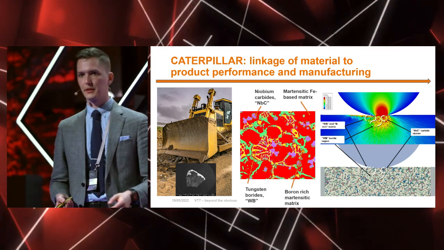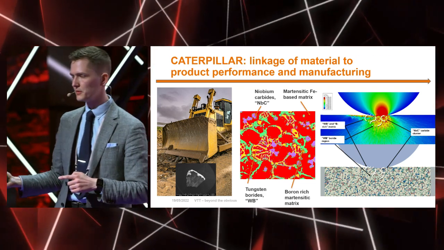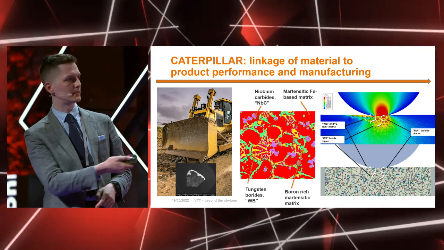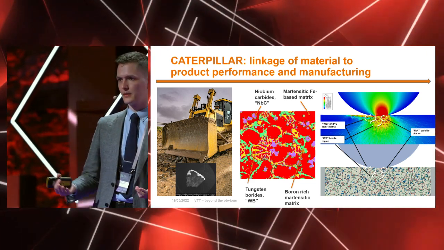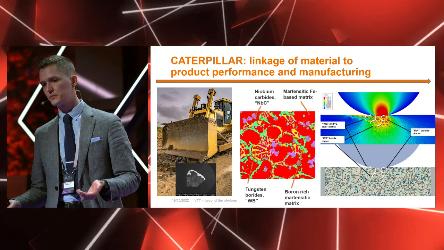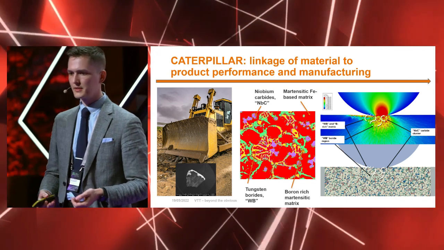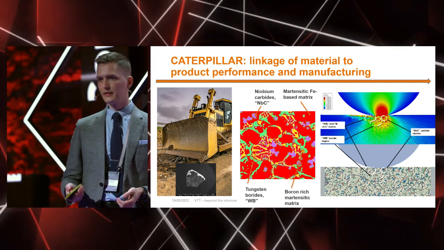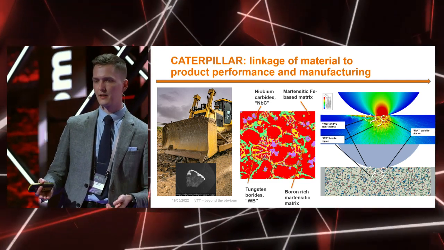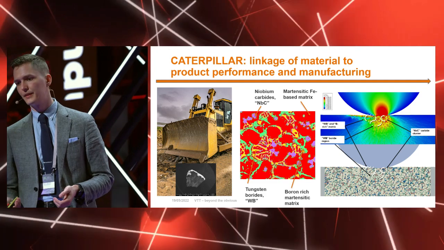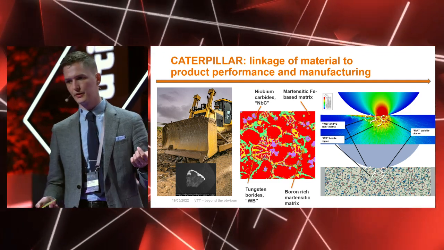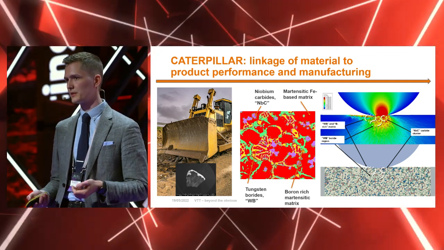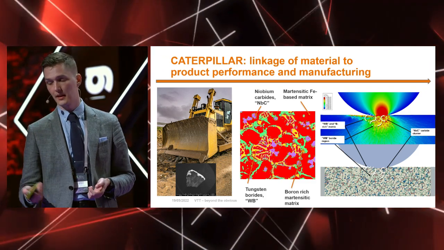We measure these microstructures, transfer them to models, you can see it there at the bottom, and use them for simulation. When the load is applied, we can see that extensive stresses develop in the niobium carbide regions. However, lower stresses develop in boron-rich or tungsten boride-rich regions. And we can use that.